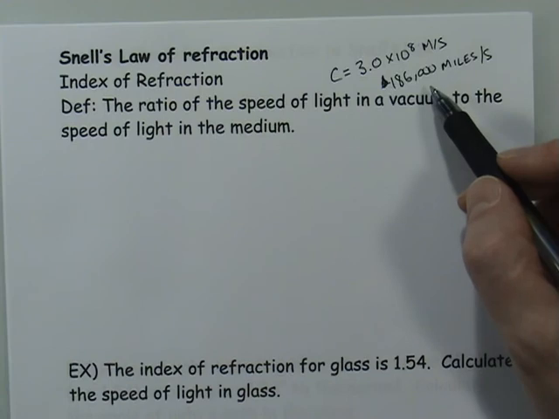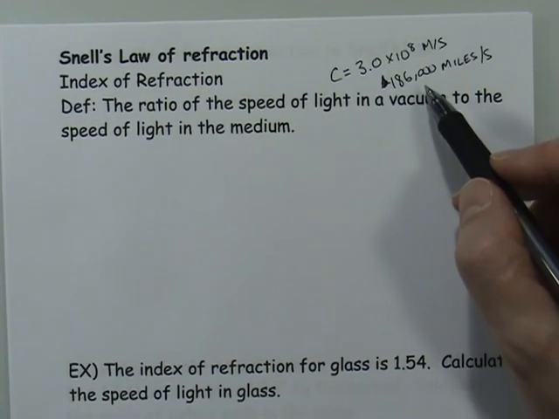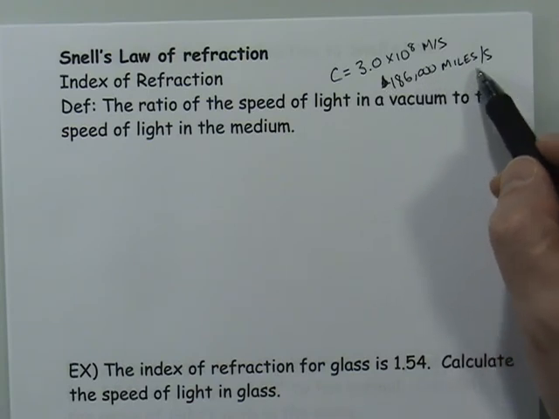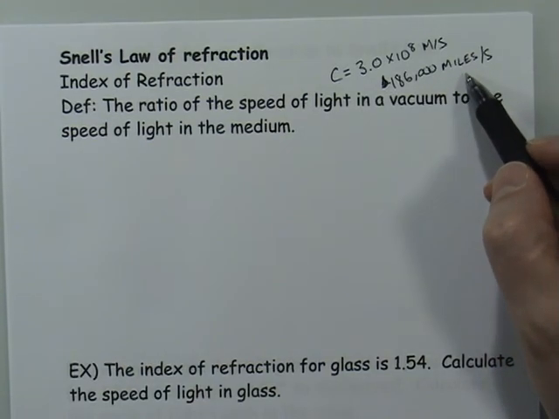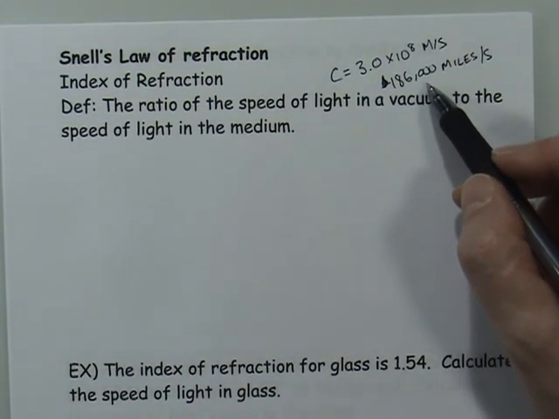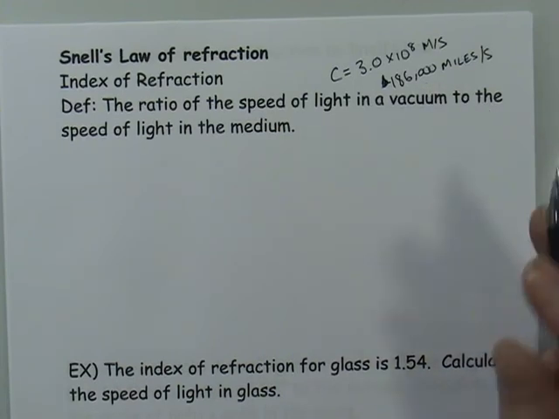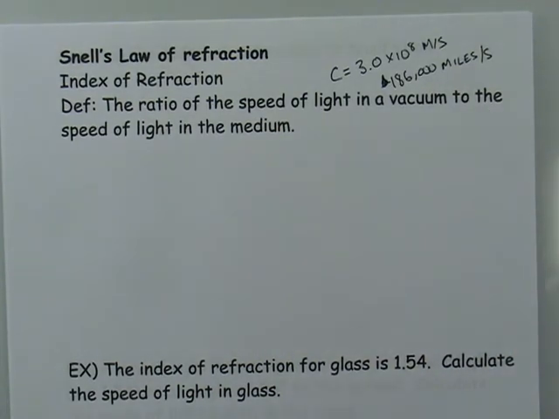The speed of sound, just for example, in the air is 0.2 miles per second, or approximately a little bit less than 1,000,000 times slower than light travels. So light travels at an incredible speed, but when light enters a new medium, one in which there are atoms that it has to deal with, it doesn't travel as fast. It slows down.